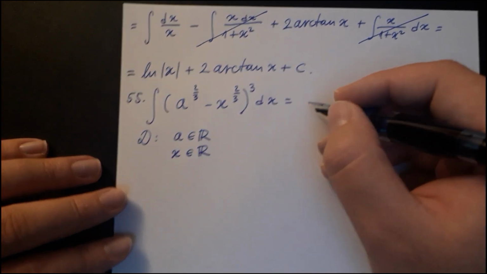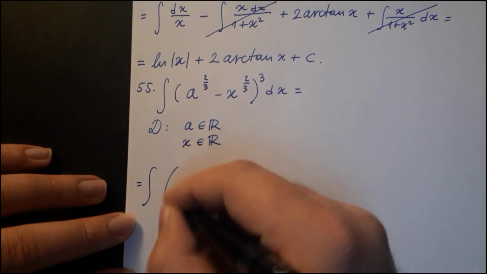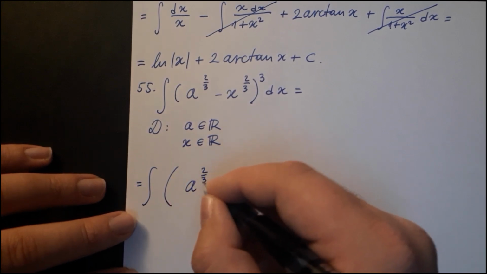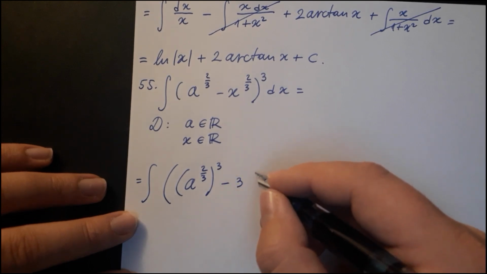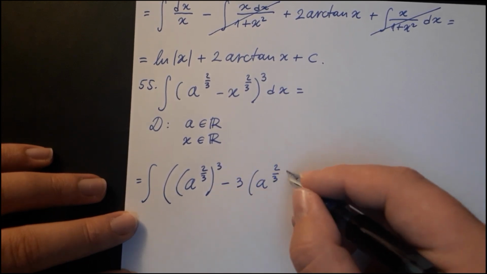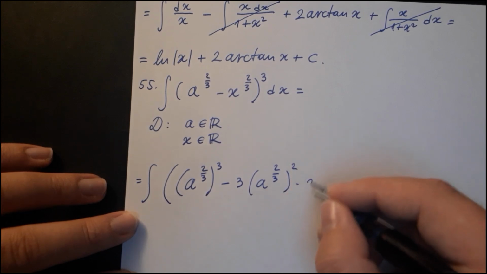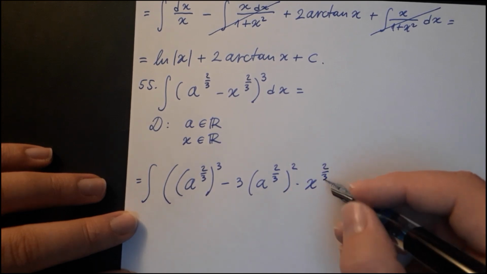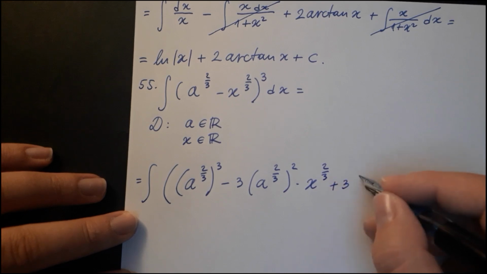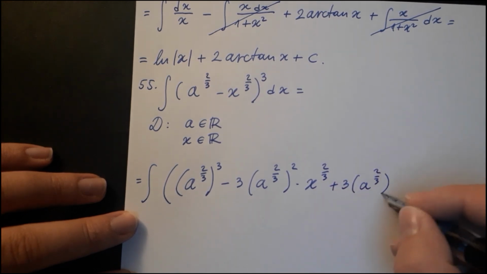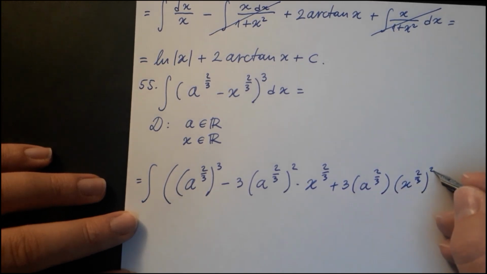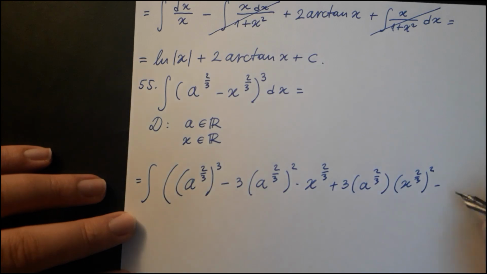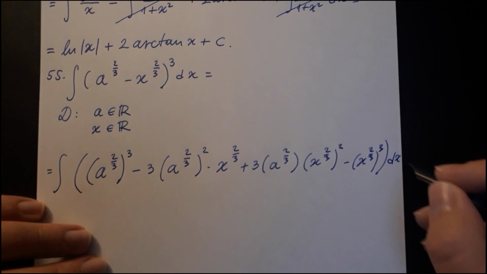This integral is then equal to an integral of a to the power 2 divided by 3 cubed minus 3 times a to the power 2 divided by 3 squared times x to the power 2 divided by 3 plus 3 times a to the power 2 thirds times x to the power 2 thirds squared minus x to the power 2/3 cubed dx.